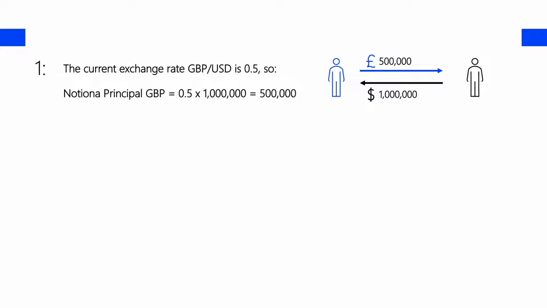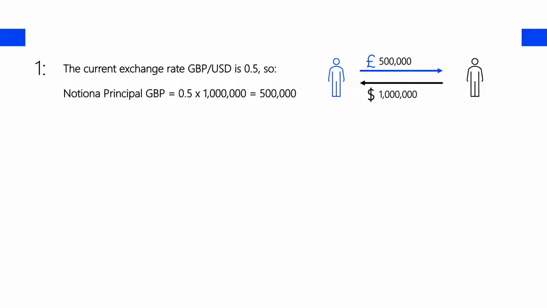Next, let's play with the principals. We're calling them notional principals. They are actually swapped. So in order to work out the notional principals, we're told the current exchange rate is 0.5. That means you get 0.5 of a GBP for every US dollar. Well, first up was your USD notional principal.